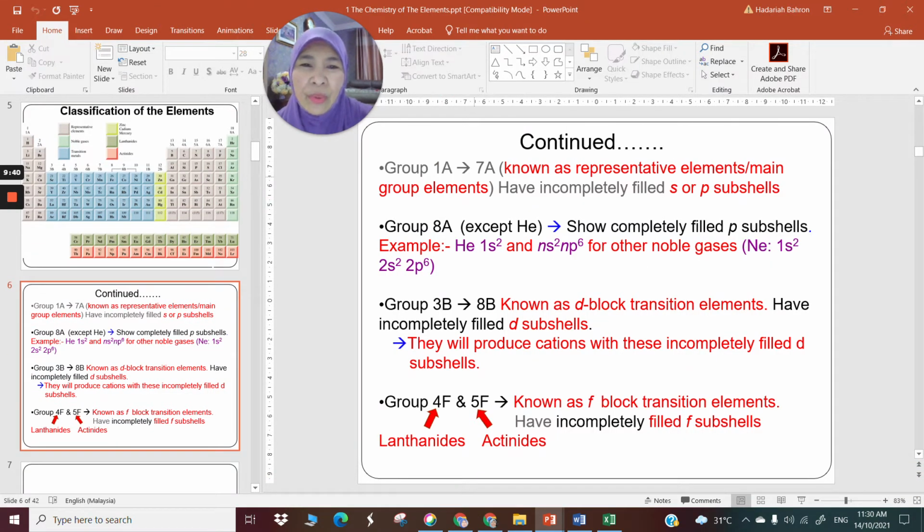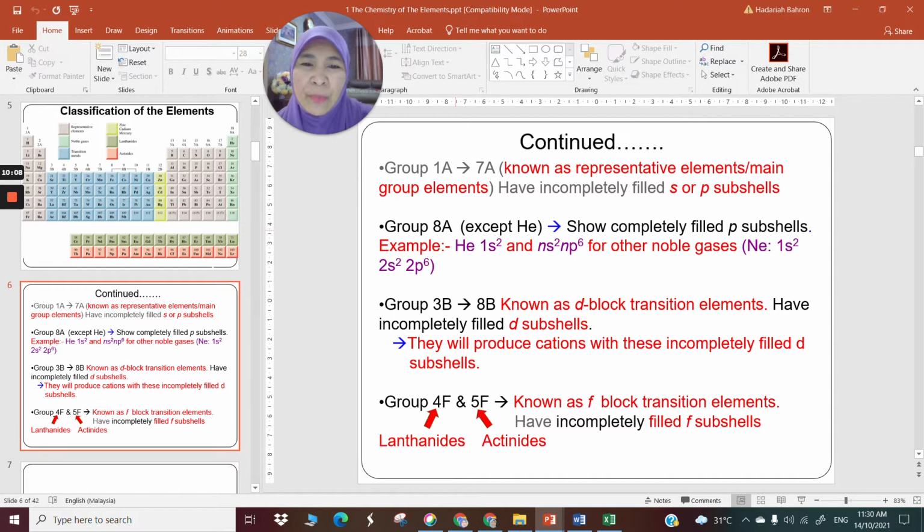So from group 1A to group 7A, if you look here, this is your group 1, 2, 3, 4, 5, 1A to 7A, they are known as representative elements or the main group elements. They all have incompletely filled s or p orbitals or subshells.